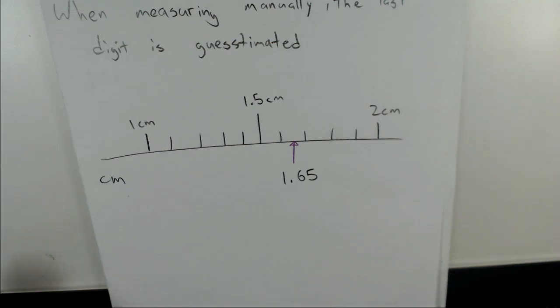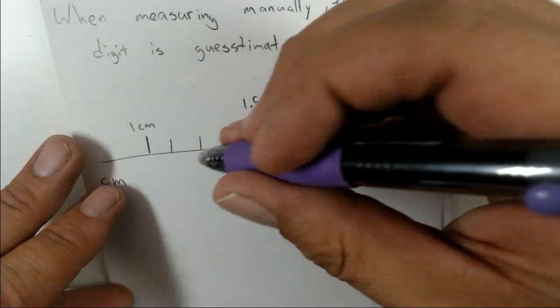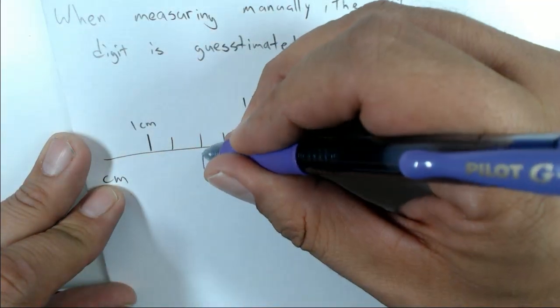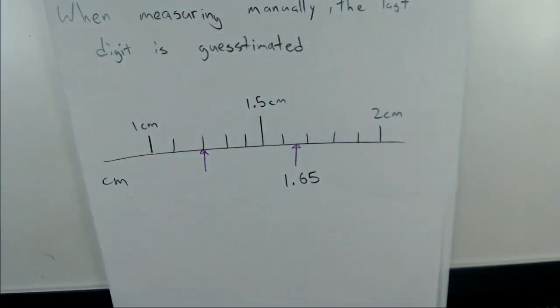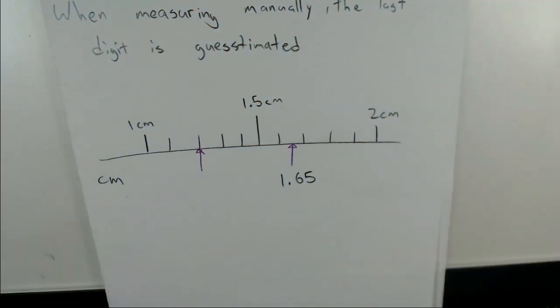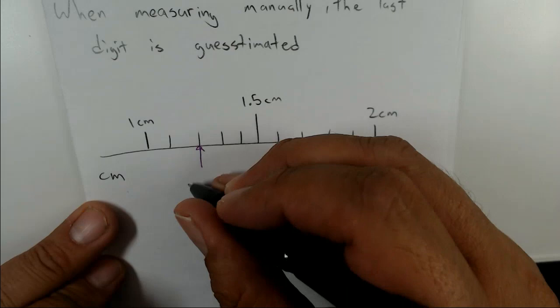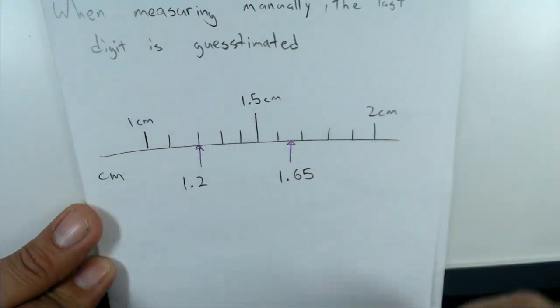What do you guys think about what if the value landed right, what you thought to be right on a line? So right there. Yep, so you need to report this. So we know for certain it's probably about 1.2.